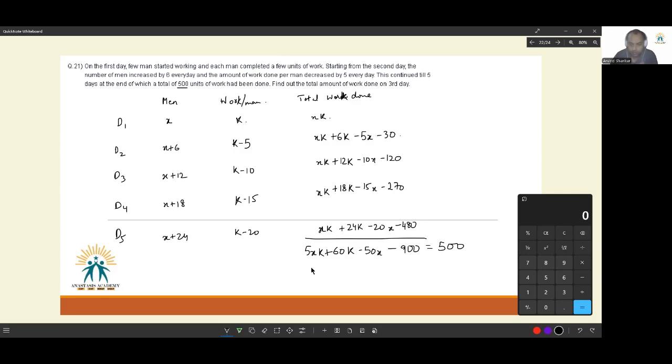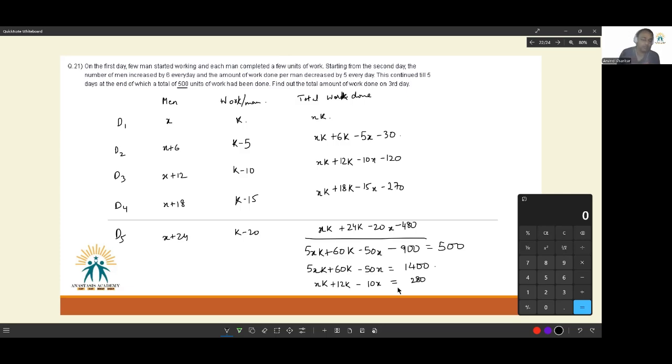We'll have 5XK plus 60K minus 50X is equal to 1400. If I divide everything by 5, I'll have XK plus 12K minus 10X is equal to 280.